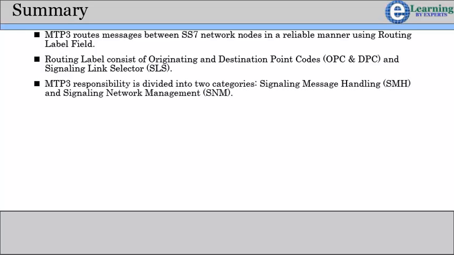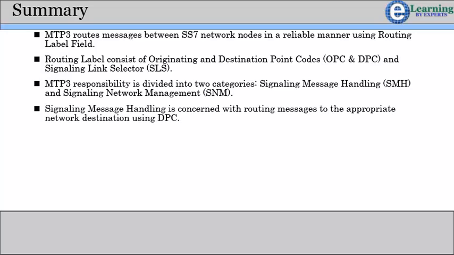MTP3 responsibility is divided into two categories: signaling message handling, SMH, and signaling network management, SNM. Signaling message handling is concerned with routing messages to the appropriate network destination using DPC.